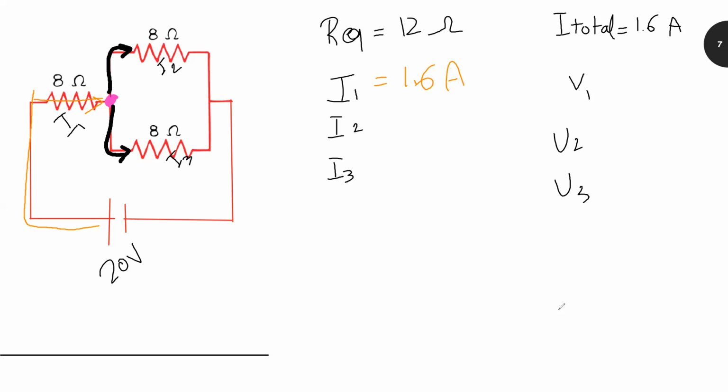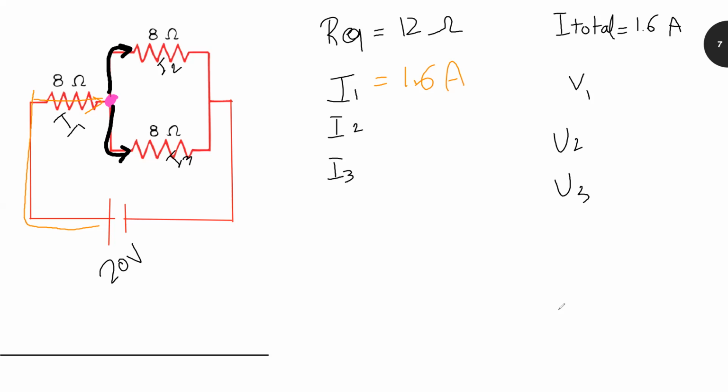So the 1.6, after it passes through the first resistance, when it reaches here, will divide into two paths. It could be 1 and 0.6, which have the summation of 1.6. It could be 0.8 and 0.8.